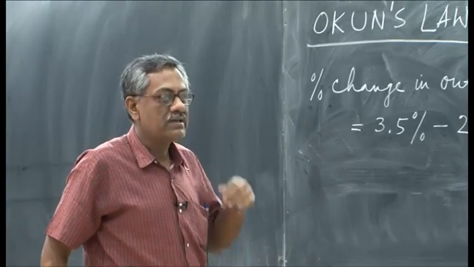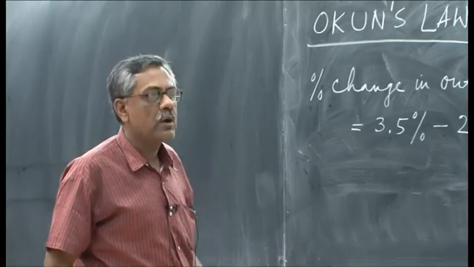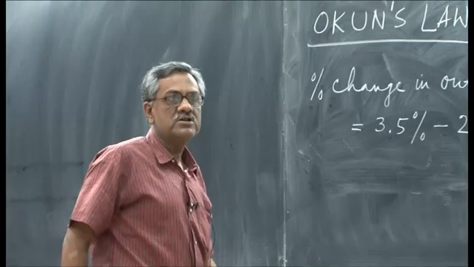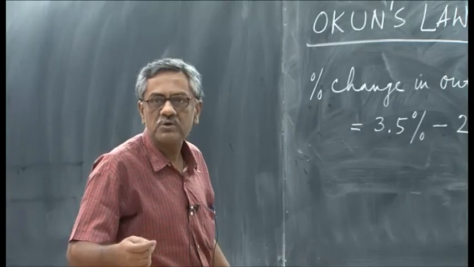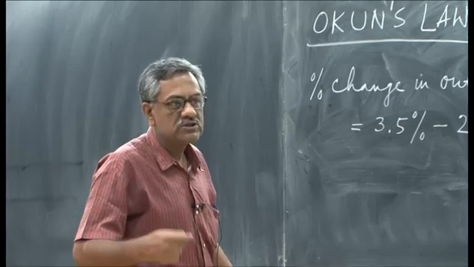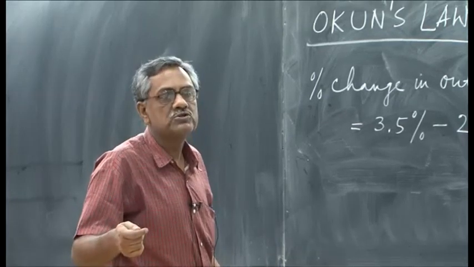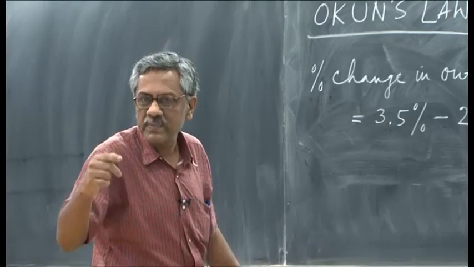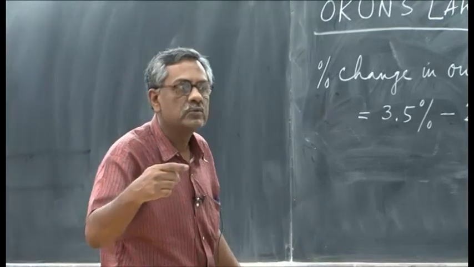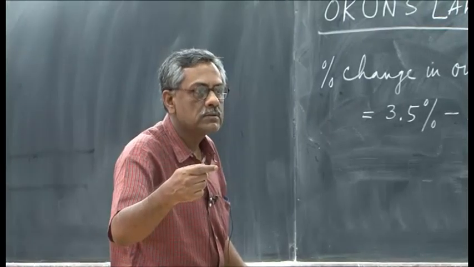He found that in the English economy, the inflation in terms of wage increases, you can measure inflation also in terms of wage increases, not just the price increase, because wages and prices are connected with a markup. If a company is paying higher wage, automatically it will increase the price to cover it.